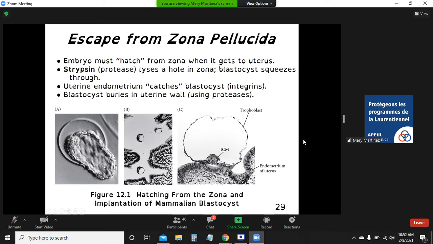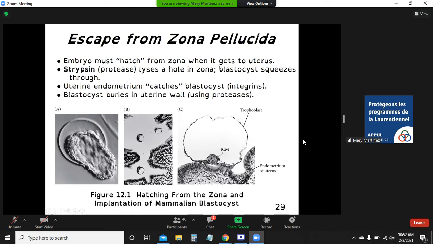Once it's outside, and this is what we have here, it can make direct contact with the uterine wall. This is the endometrium of the uterus, and this is the hatched blastocyst. This is the trophoblast, and here we have the inner cell mass.